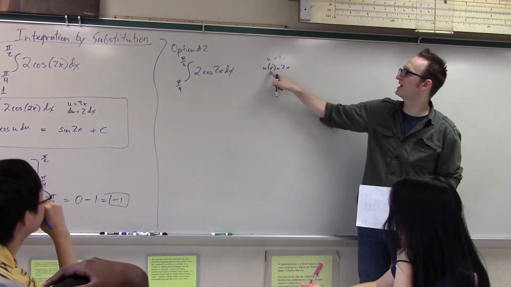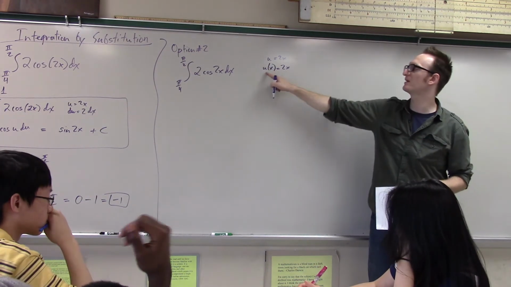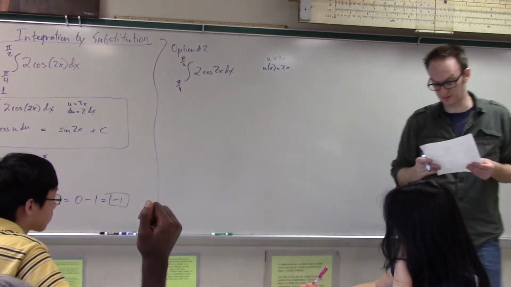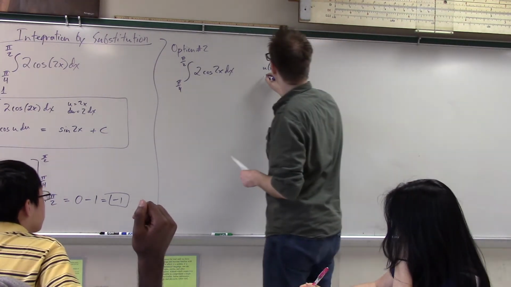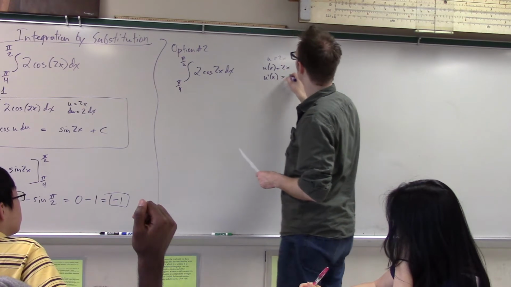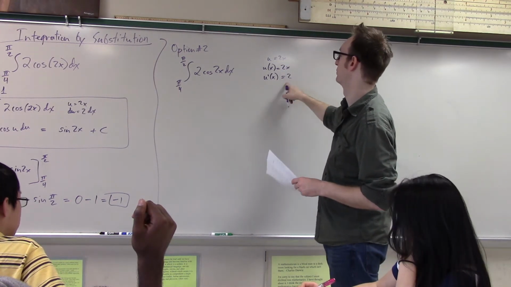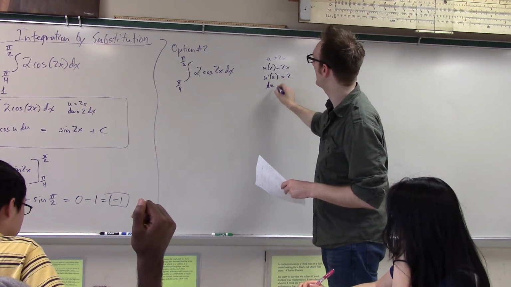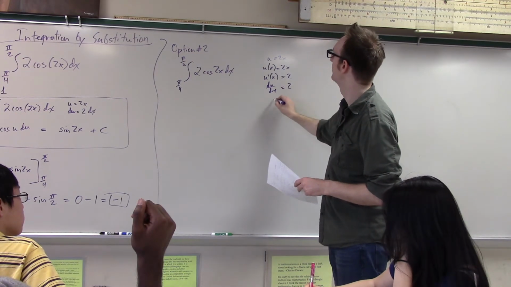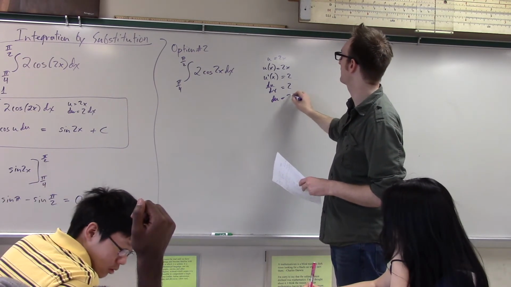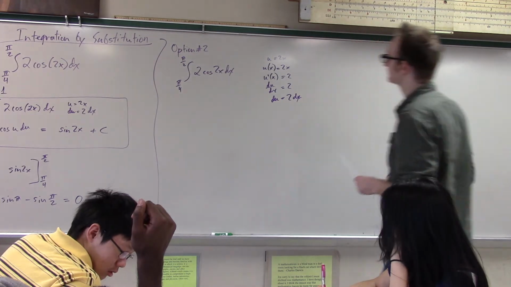And this function takes x values and outputs kind of like u values. And what is the derivative of this function with respect to x? Well, it's just 2. And we could write that as du/dx is 2. And so far it's really just the same thing. du is 2 dx.